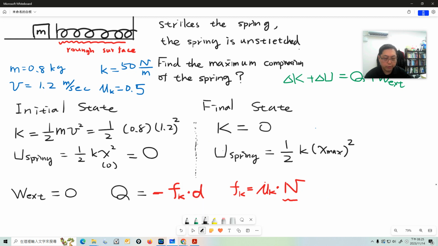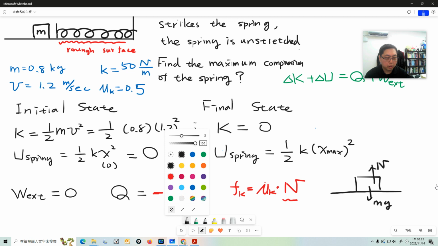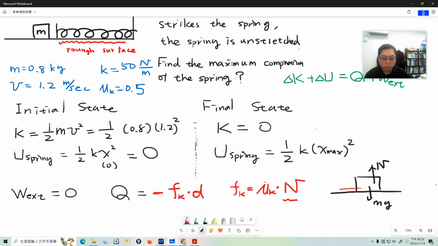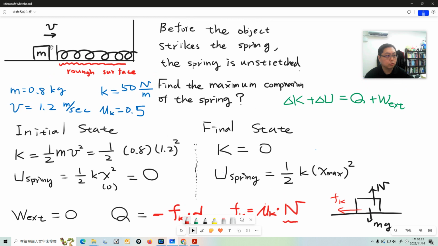This object has its weight, mg, and also a normal force, and it has the friction force pointing in this direction. Because in this problem we just assume it's doing the motion in the horizontal direction, in the x direction, there is no acceleration in the y direction.